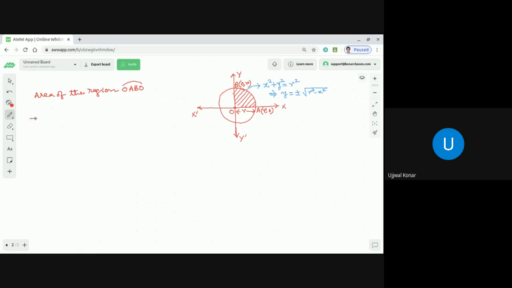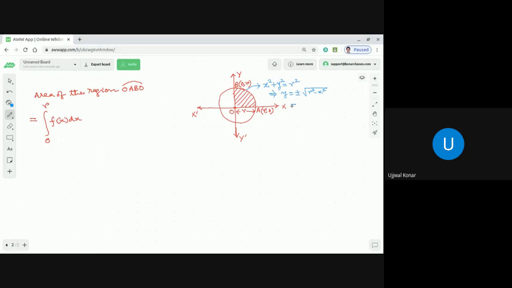That is nothing but the integral from 0 to r of y dx, or f(x) dx. Remember, what is the geometrical interpretation of definite integration? It is the area bounded by a curve and straight lines.